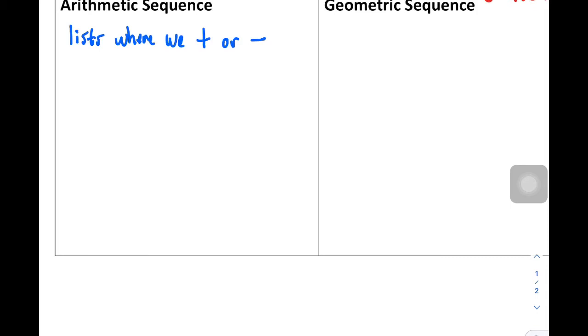Alright, so we're going to be adding or subtracting in order to get the following term. And the number that we add or the number that we subtract is something called a common difference.